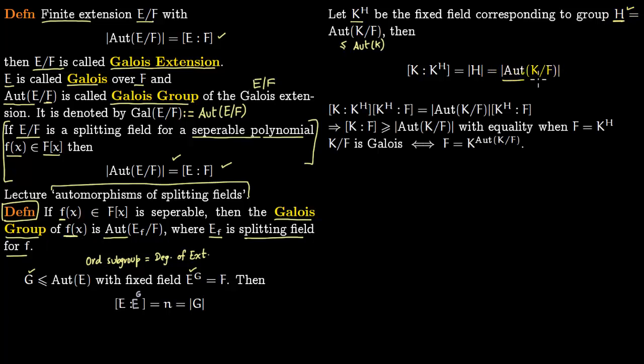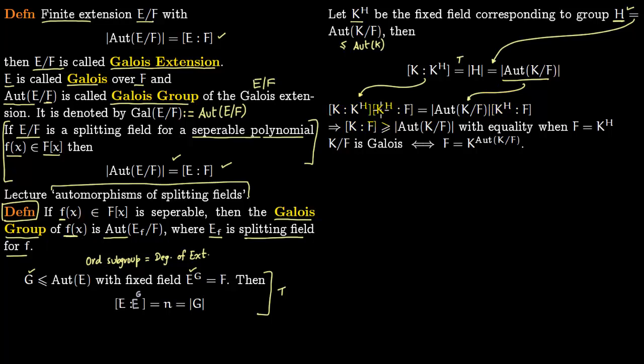This we are going to copy right here, and this we are going to copy right here. So H is equal to automorphisms of K over F, so obviously the orders are equal. This equal sign comes from the theorem here. Now we have copied this here.